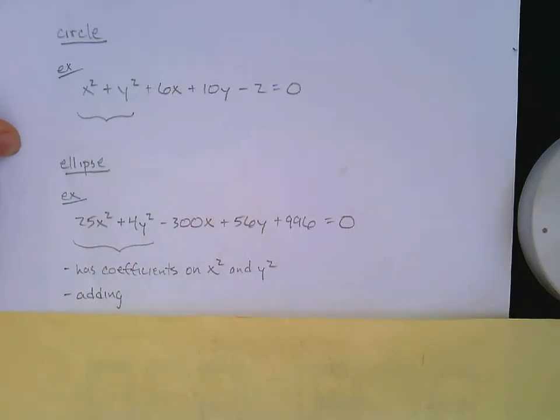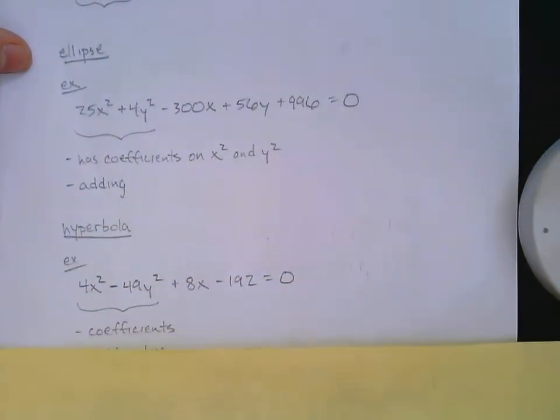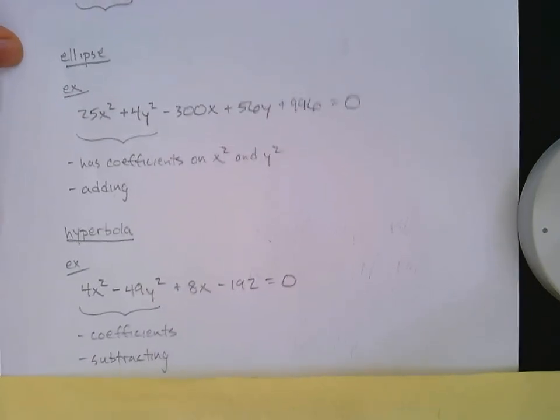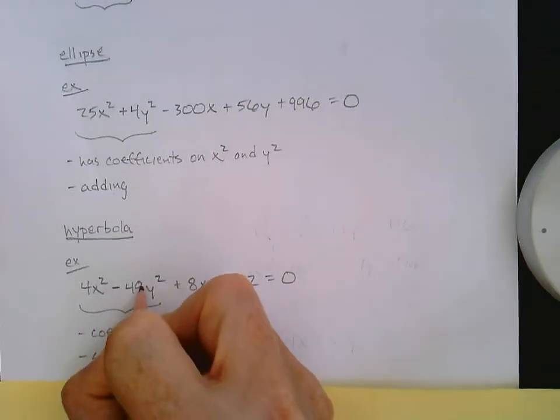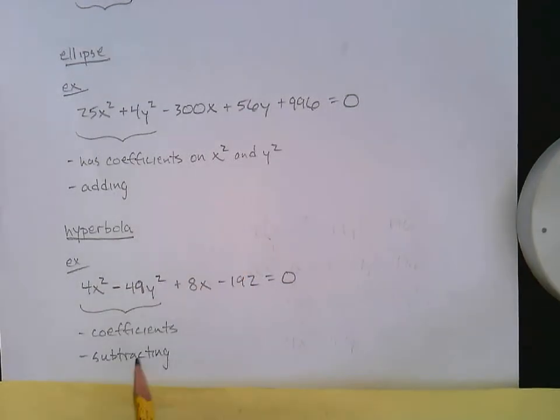Well, because in the hyperbola, you'll be subtracting. I just made this one up myself: 4x squared minus 49y squared plus 8x minus 192 equals 0.